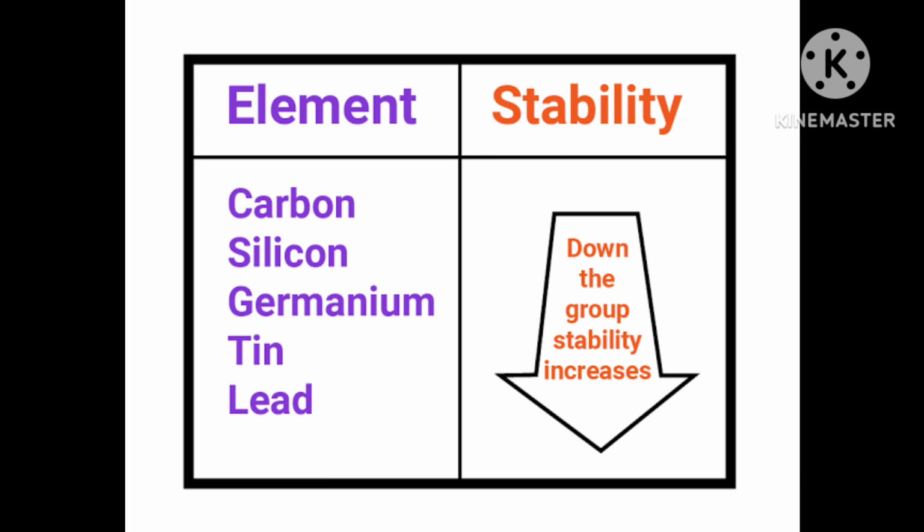Now I am telling the solution. There are two main reasons. First, 6 large chloride ions. Fluoride ion F minus is small, but chlorine is a big ion.